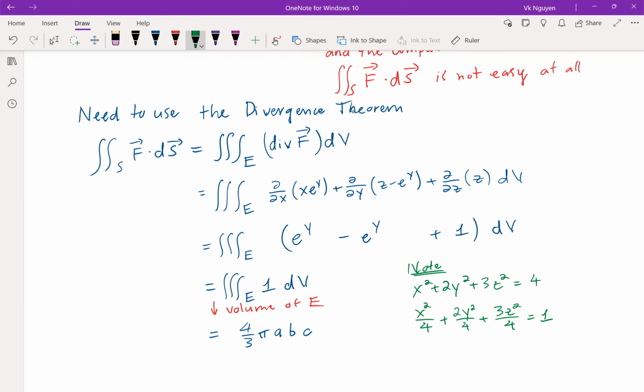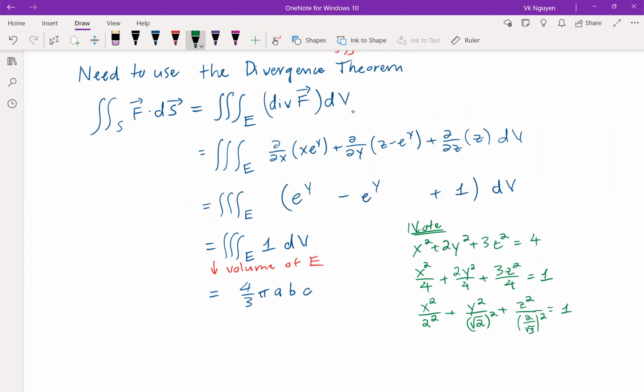So x squared over 2 squared, and y squared over, it's going to be root 2 squared. And then 3 over 4, you flip it, and you want to put a square here, so it's going to be 2 over root 3 squared.